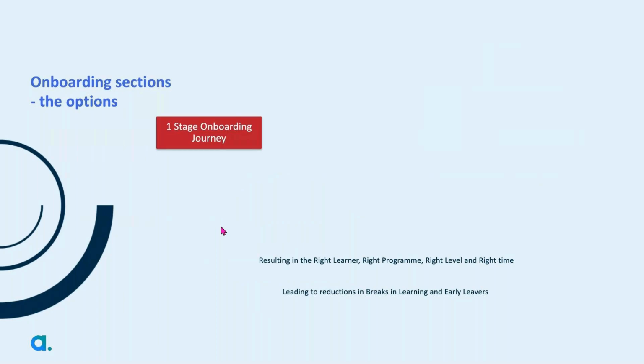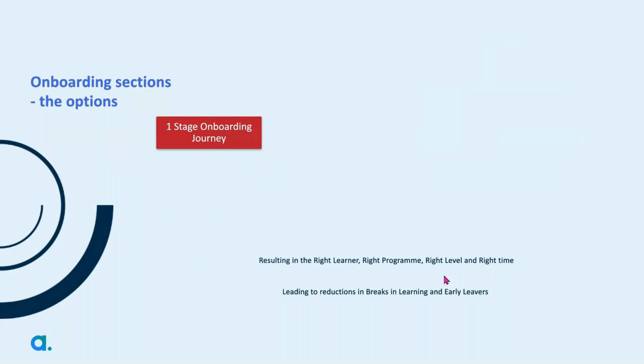So what are your options? What do we tend to see across the market? And before I introduce this, I'd like to point out that the onboarding journey in Aptem gives you capabilities to make these right decisions.